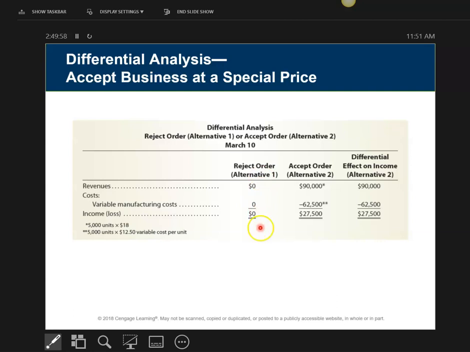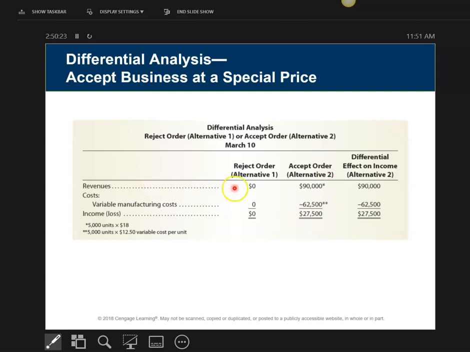If I say yes, I'm going to have 5,000 units times $18. So I'm going to have an additional $90,000 of income. And my variable cost, because remember, fixed costs will be paid regardless whether I accept this or not. So I only look at my variable cost. And so that's $12.50 times 5,000. And so that's what happens if I say yes.